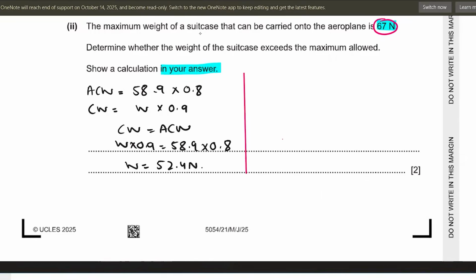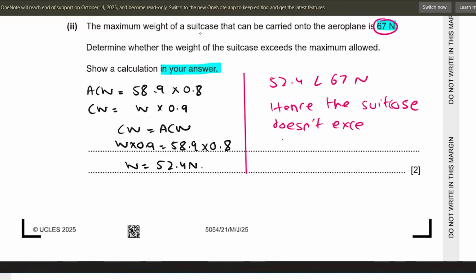This weight of suitcase 52.4 is less than 67 Newton. Hence, the suitcase doesn't exceed the maximum allowed weight. Easy peasy, lemon squeezy, आगे बढ़ते हैं.